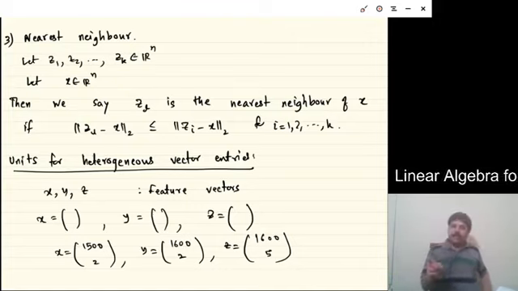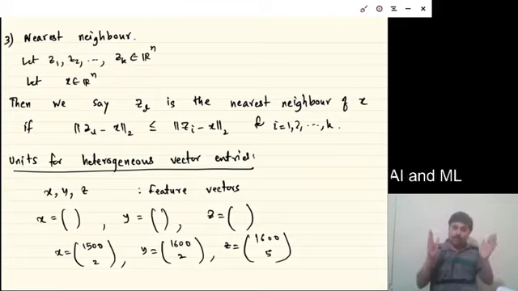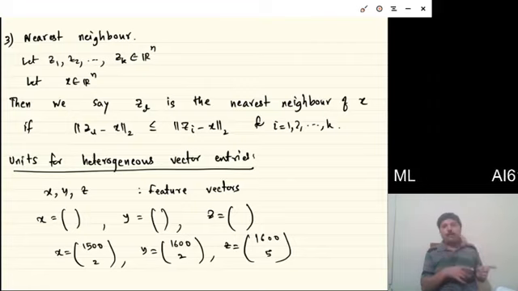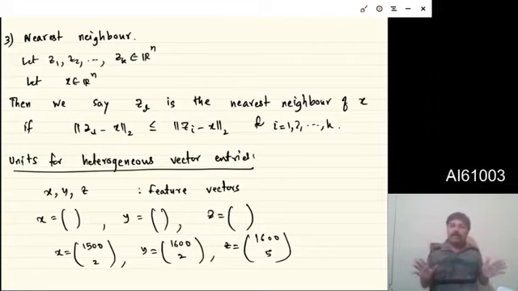But if you do the scaling to these vectors and then do something with the norms, the differences, the feature differences, and so on, the chances are higher that you will get the results that you really want to see the algorithm giving to you. But then it is not the fault of the algorithm, it is the fault of how you define similarity. So there needs to be some scaling done here.